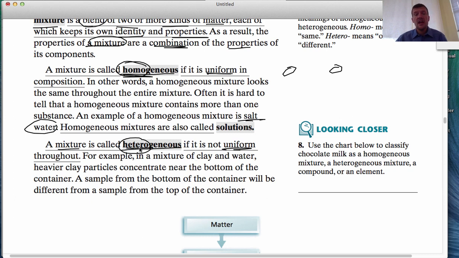Milk might be heterogeneous. Those are examples of heterogeneous because if you take a sample of milk from here, you might get a little more of the cream. If you take a sample of milk from a little different place in the container, you might get more of the water content. Okay? Silty, dirty water. You take a sample from one part of your container of silty, dirty water, you might get a lot of dirt. The other sample here might be a little clearer, so it's not going to be the same throughout. Okay?